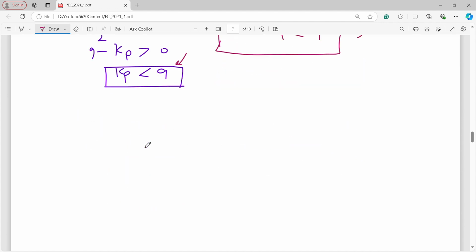And take the B value. B also needs to be greater than 0 here. So what is the B value?